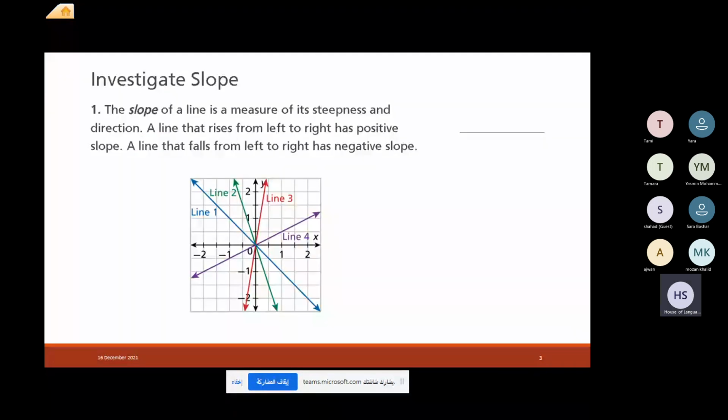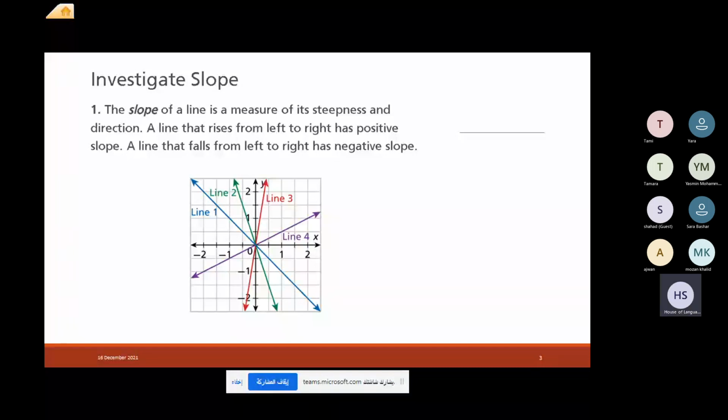So if the line goes from left to right, it means it's increasing. The line that goes from left to right, like the purple one, has a positive slope. So if it goes from left to right, it's increasing.